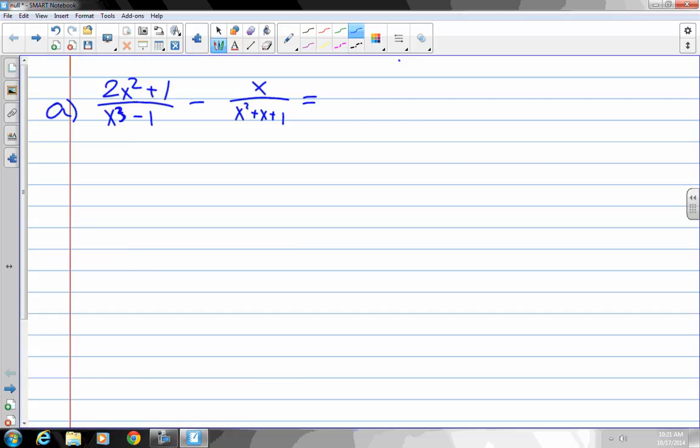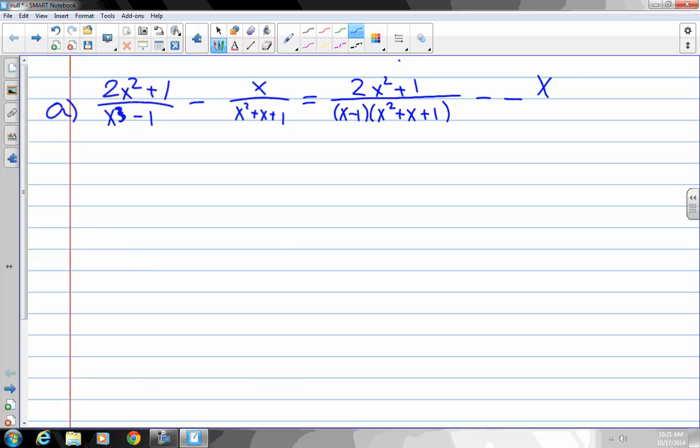The first denominator is a difference of 2 cubes, so we'll use the difference of cubes formula. x plays the role of A, 1 plays the role of B. So the first denominator breaks down into x minus 1 and x squared plus x plus 1.